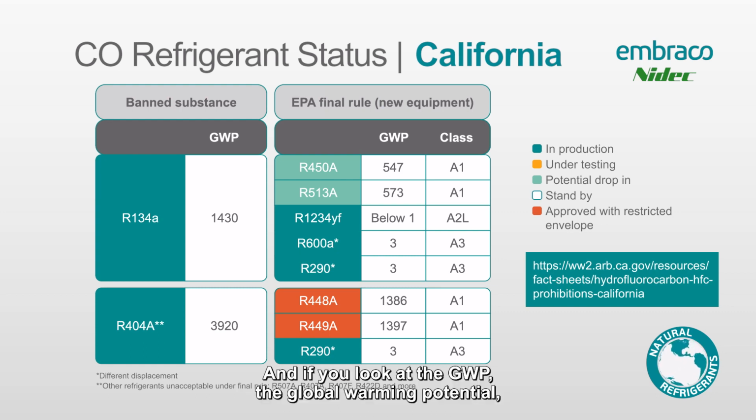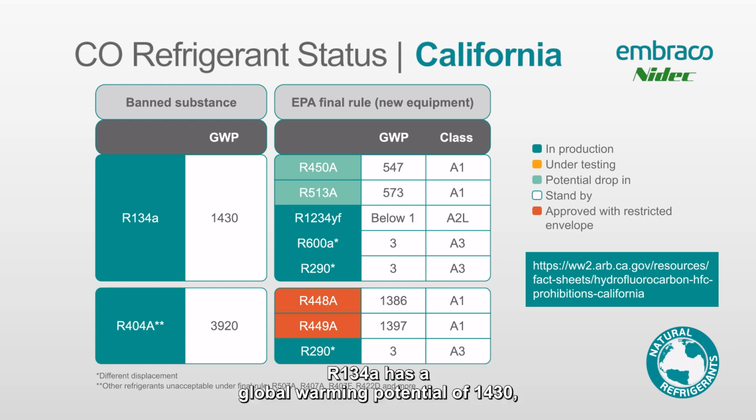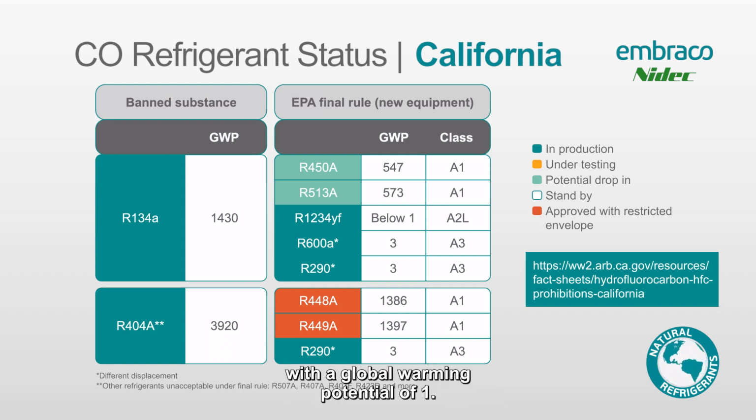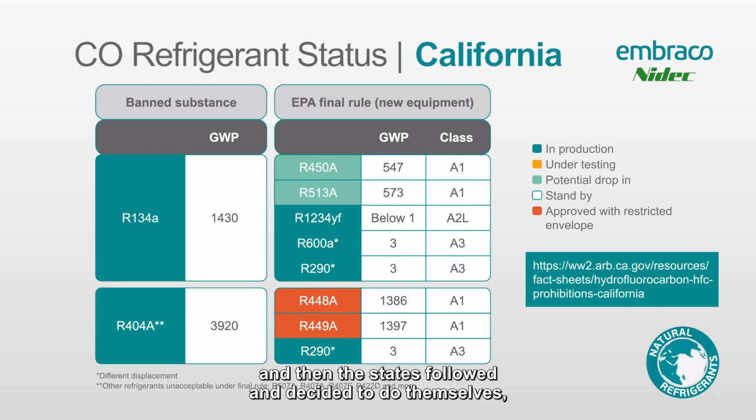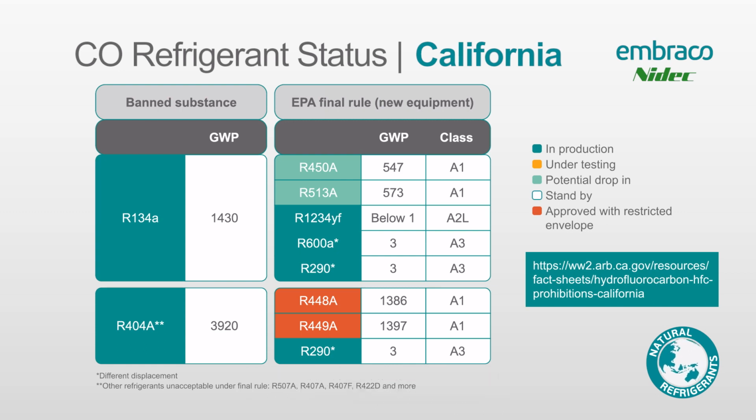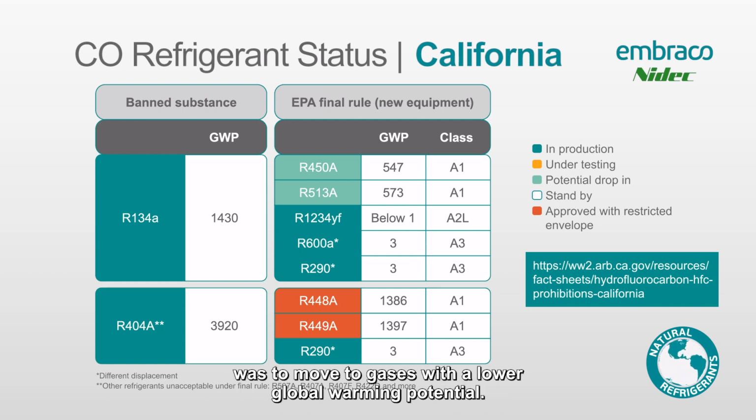And if you look at the GWP, the global warming potential, R134A has a global warming potential of 1,430, and R404A has a global warming potential of 3,920. And what this means is that they can be 1,400 times or 3,900 times potentially worse for the environment than CO2. CO2 is our baseline gas with a global warming potential of 1. So what the EPA decided to do originally, and then the states followed up and decided to do themselves, was to move to gases with a lower global warming potential.